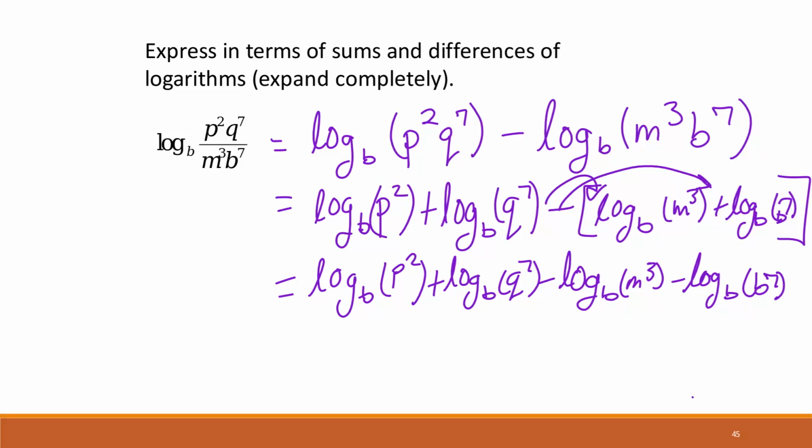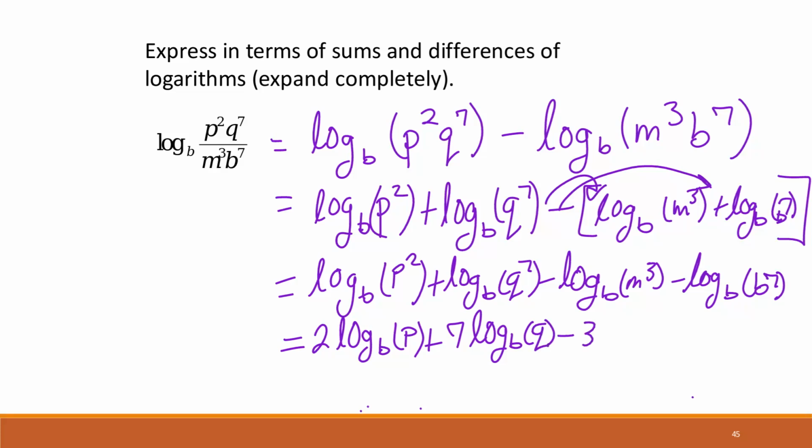Okay. So now that we've distributed that completely, we can rewrite it using the power rule. So we're bringing those exponents to the front. So we have 2 log b of p plus 7 log b of q minus 3 log b of m minus 7 log b of b.